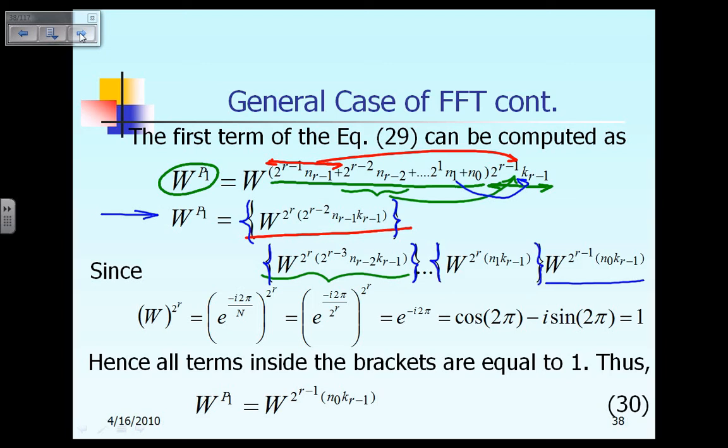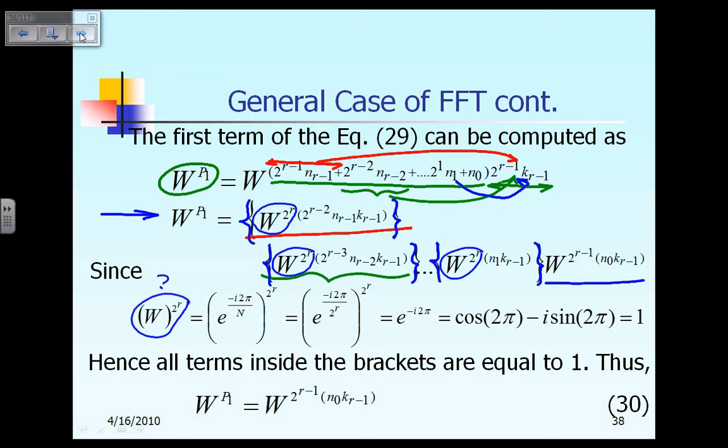If you notice, all of those terms that I show you inside the bracket contain something like w raised to the power 2r. W raised to the power 2, and the whole thing raised to the power r. Now, how do you calculate that term, which is w raised to the power 2, and then the whole thing raised to the power r?